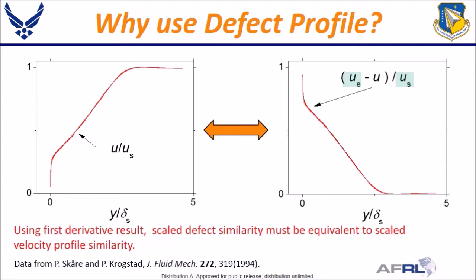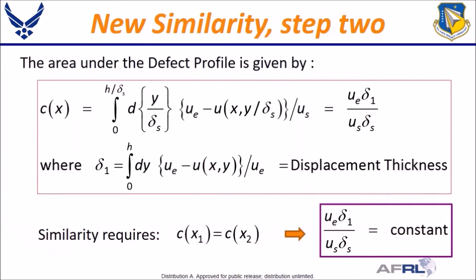Alright, back to our story. Looking at the two profile plots, it is evident that the areas under the curves in each case must be equal. Mathematically, the area under the scaled defect profile is given by this equation.